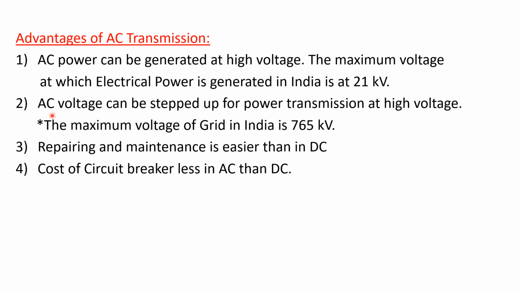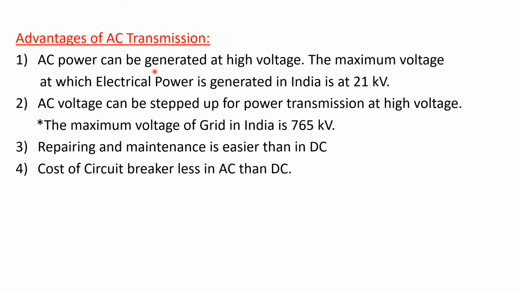And the second advantage is that alternating current can be stepped up or stepped down based upon the need, so we can change the level of AC voltages. And remember that the maximum voltage transmitted in India is 765 kilovolt.